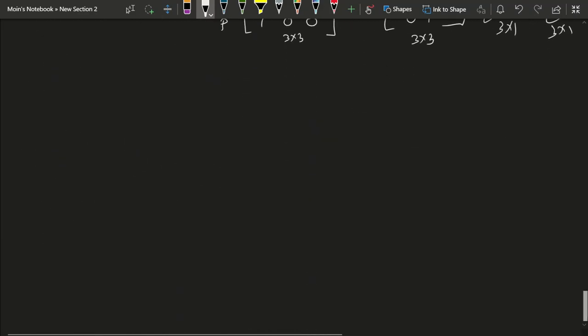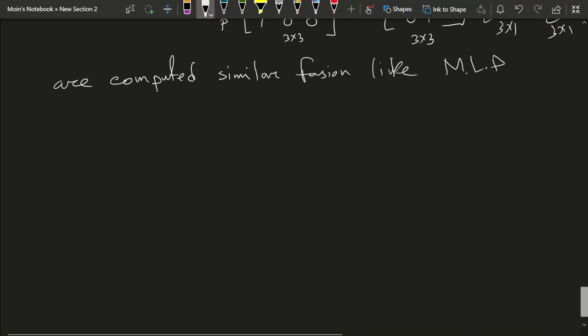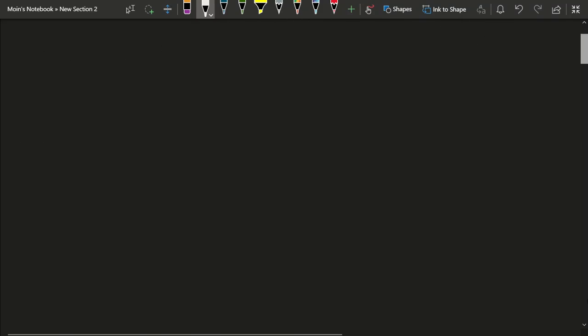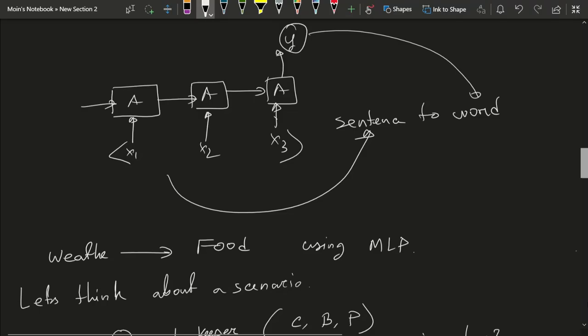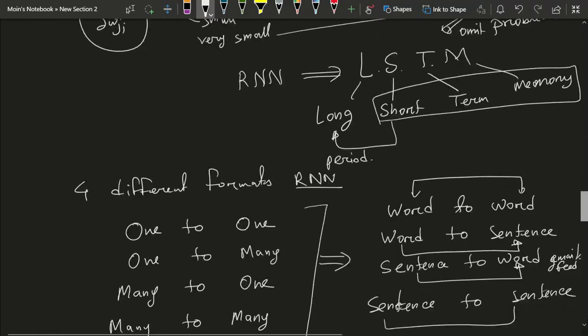And definitely these weight matrices are computed in a similar fashion to a multi-layer perceptron. So as in a multi-layer perceptron, these matrices are actually being formed or calculated, right?